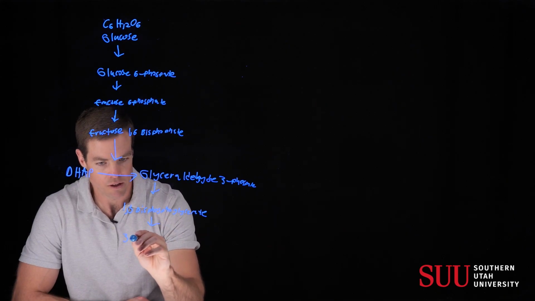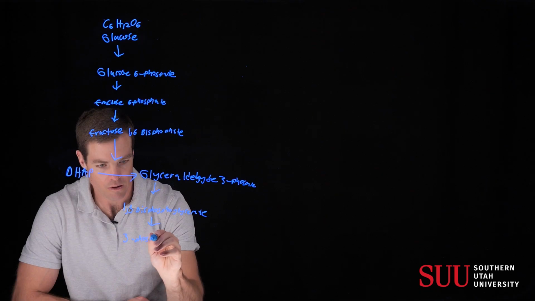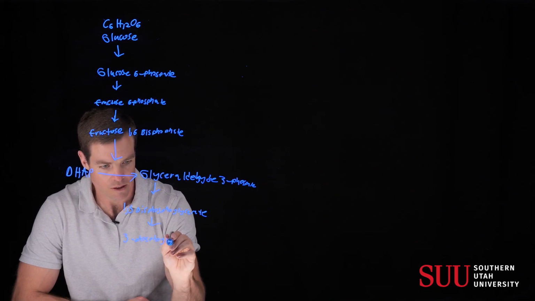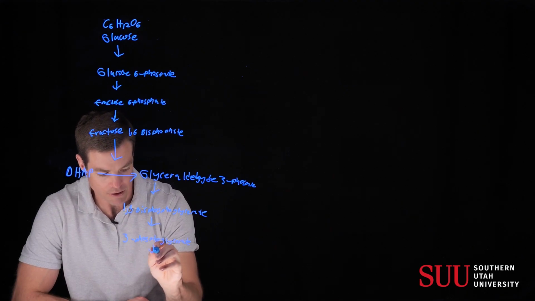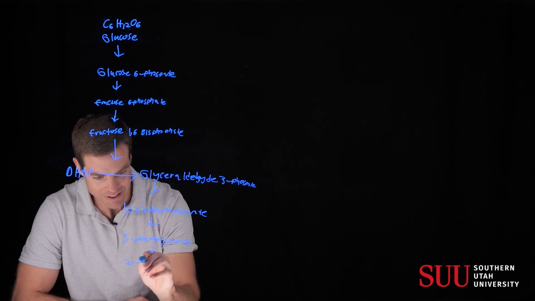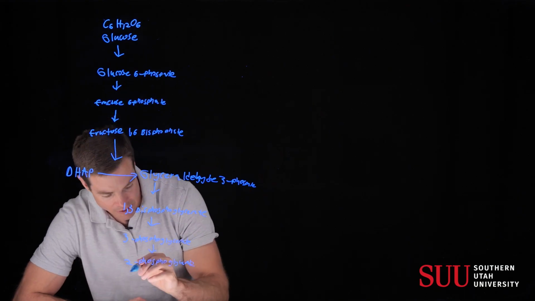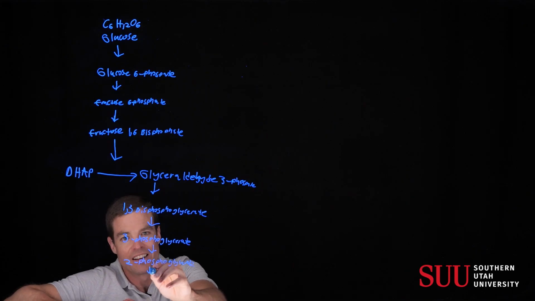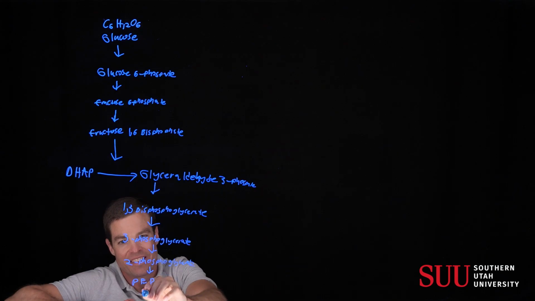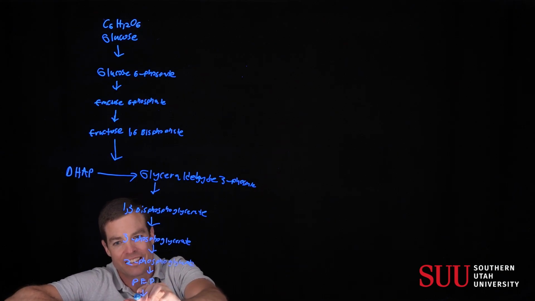Now 3-phosphoglycerate. And another reaction here to get our 2-phosphoglycerate. And then we get phosphoenolpyruvate, we'll just put PEP. And then pyruvate. Pyruvate, that's the end product of glycolysis.